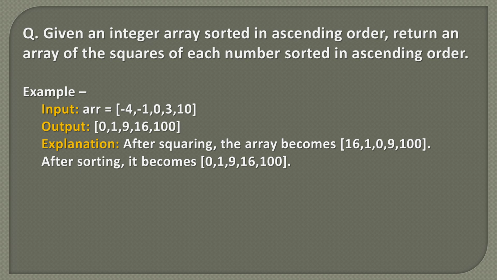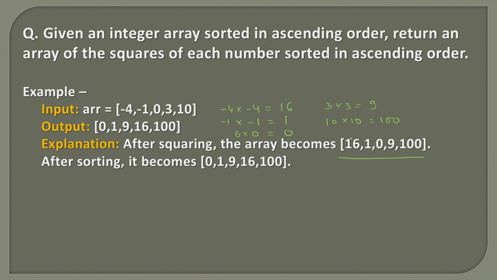How this output came is, after squaring each and every number: -4 into -4 will give us 16, -1 into -1 will give 1, 0 into 0 will give 0, 3 into 3 will give 9, 10 into 10 will give 100. So this is the array which will be generated after we square each and every element.